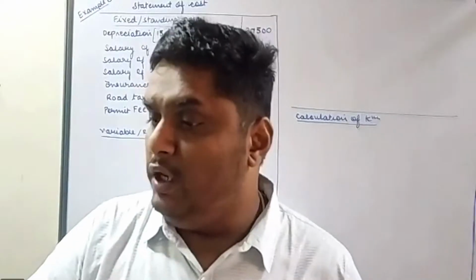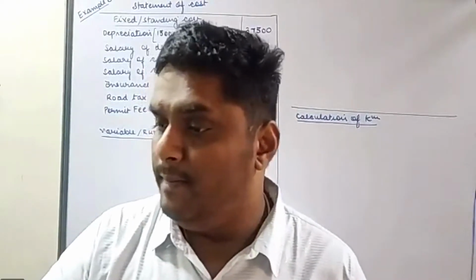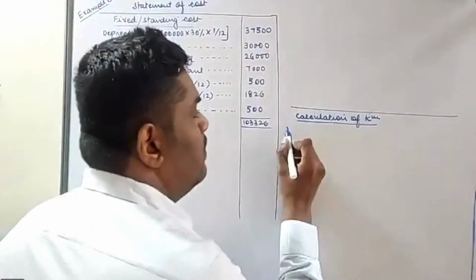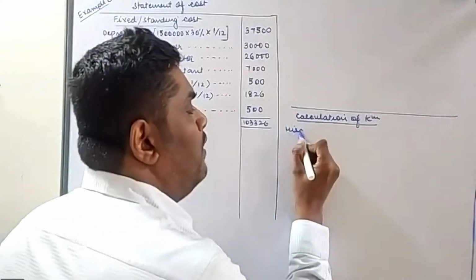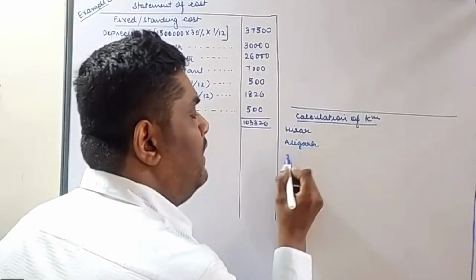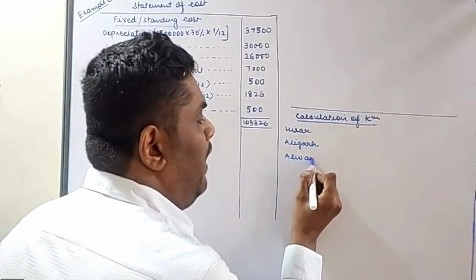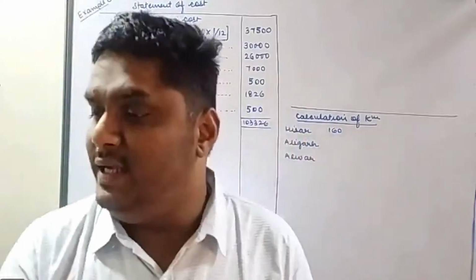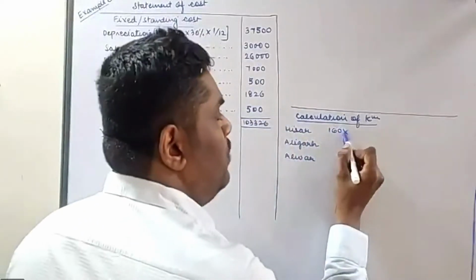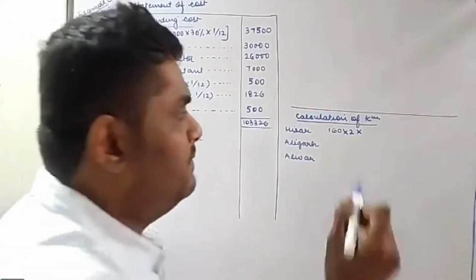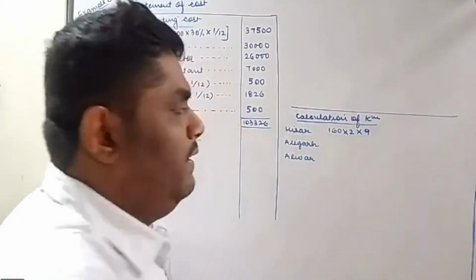So 160 kilometers one way to Hisar, Aligarh, and Alwar. So 160 kilometers going and 160 kilometers they are coming. So 160 into 2 into total 9 times in a month. So into 9.